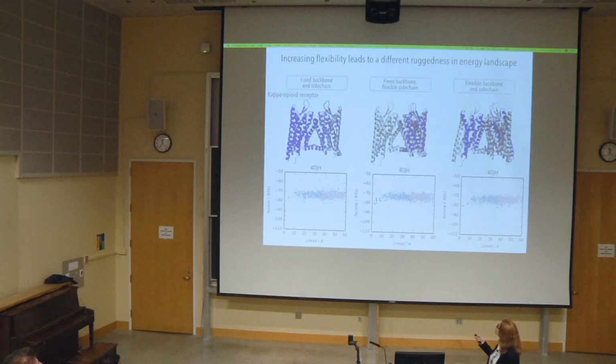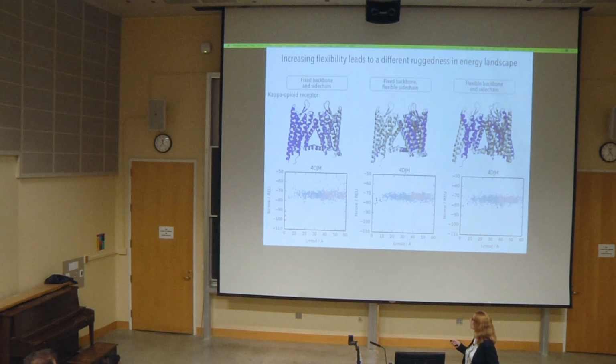And so basically over here we have a fixed backbone and a fixed sidechain, and what we're looking at is the interface score versus the root mean square deviation. And so what you actually want to see is a funnel like this, where the lowest scoring model is close to what we call the native, close to an RMSD of 0, because that means that we can identify a good model by a low score only.